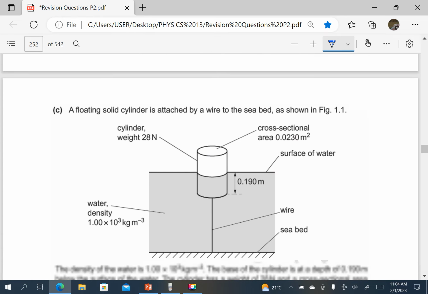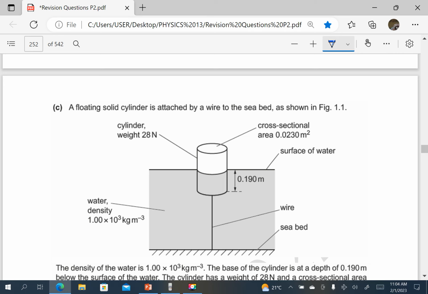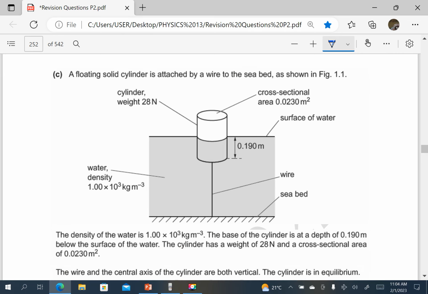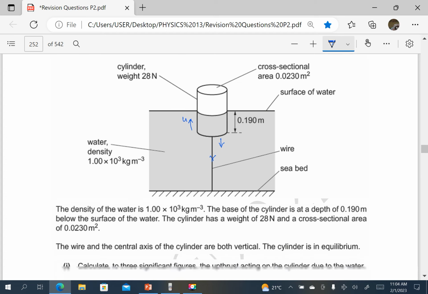A floating solid cylinder is attached by a wire to the seabed as shown here. Since it is attached by the wire, the weight is downwards. The tension must be downwards because the motion is most likely upward, due to the upthrust. So this is the diagram. The density of the water is 1000.